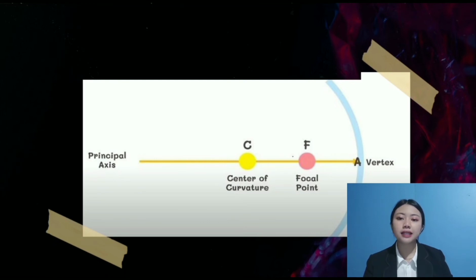So principal axis is the imaginary line that passes through the center of curvature and the pole. So the center of curvature is the center of the hollow sphere of glass of which the mirror is a part. Vertex is the center of the surface of the concave mirror. The focal point is midway between the vertex and the center of curvature.